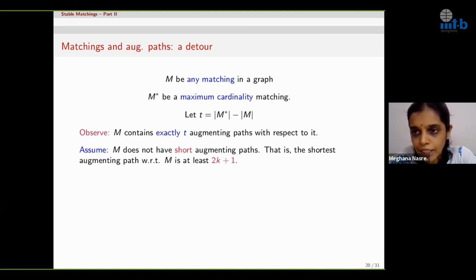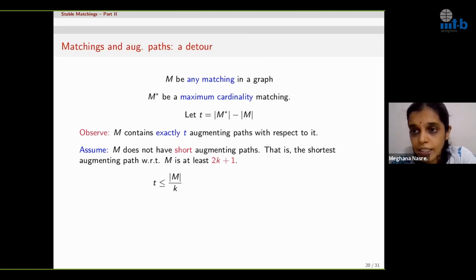So if you believe this, that this is our definition, then let's assume that the shortest augmenting path is of length 2k plus 1. That is, up to 2k minus 1, there are no augmenting paths of length 1, 3, 5, 7, for some fixed integer k. So what do we want to claim now?